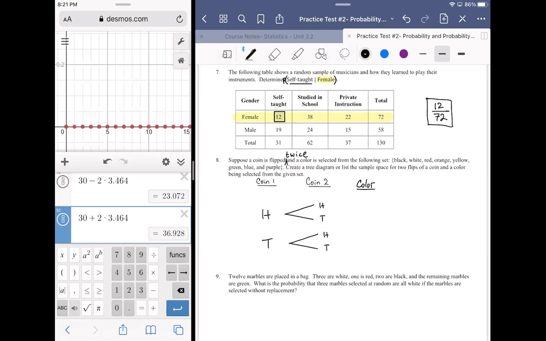For each one of these, there's a different color. So black, white, red, orange, yellow, green, blue, and purple.